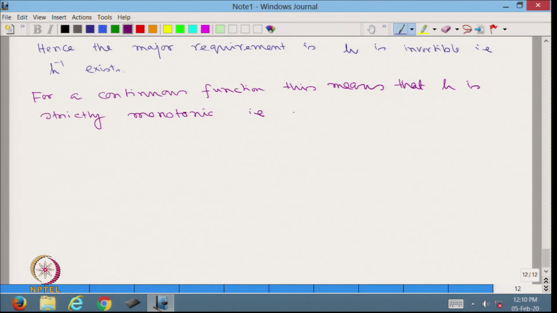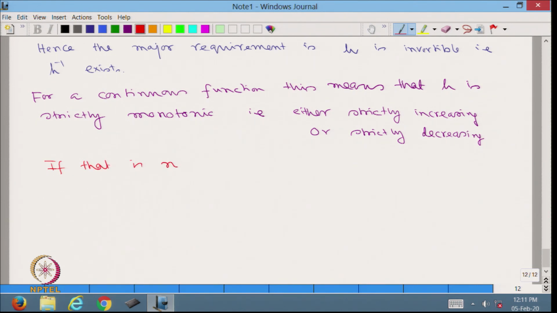That is, either strictly increasing or strictly decreasing. If that is not the case, we shall have to use other mechanisms, as we will see later.